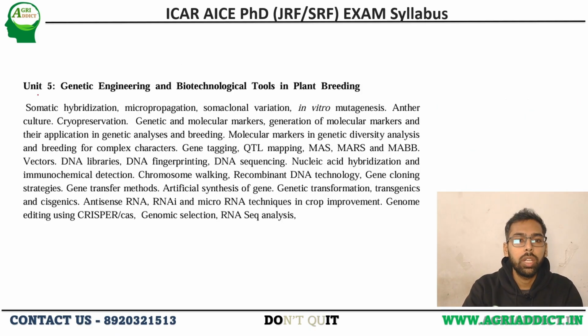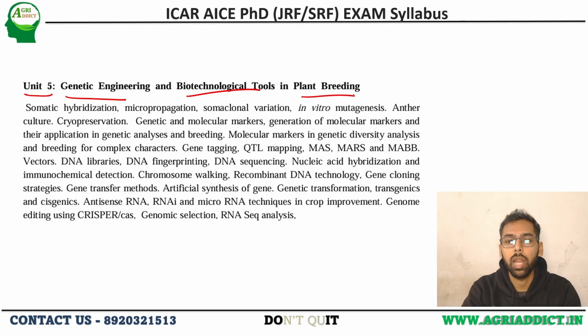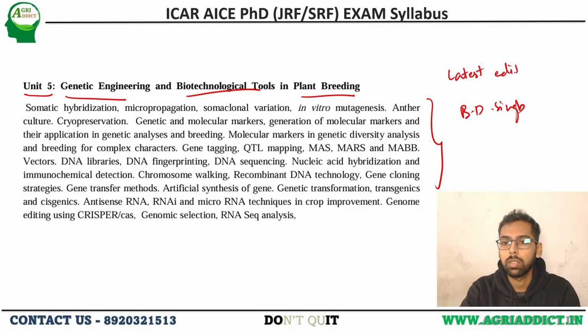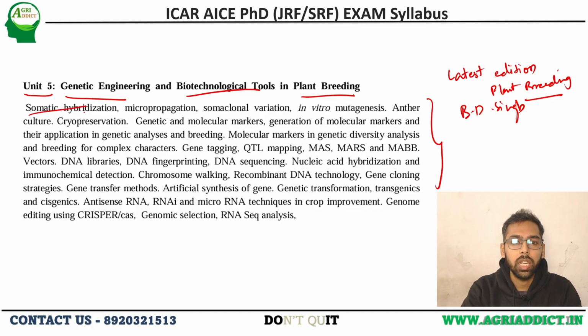So now coming to unit 5, where we shift towards biotechnological tools and genetic engineering to be applied in plant breeding. The latest edition of Plant Breeding by the author B.D. Singh helps you cover most of these topics, starting from somatic hybridization.